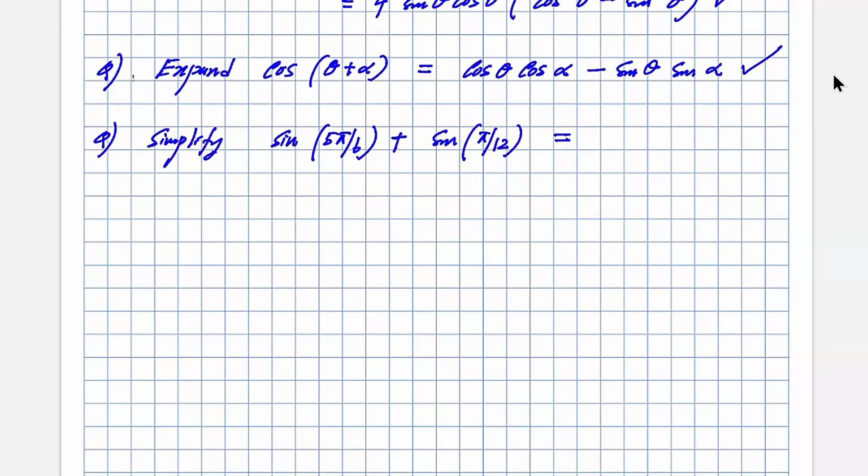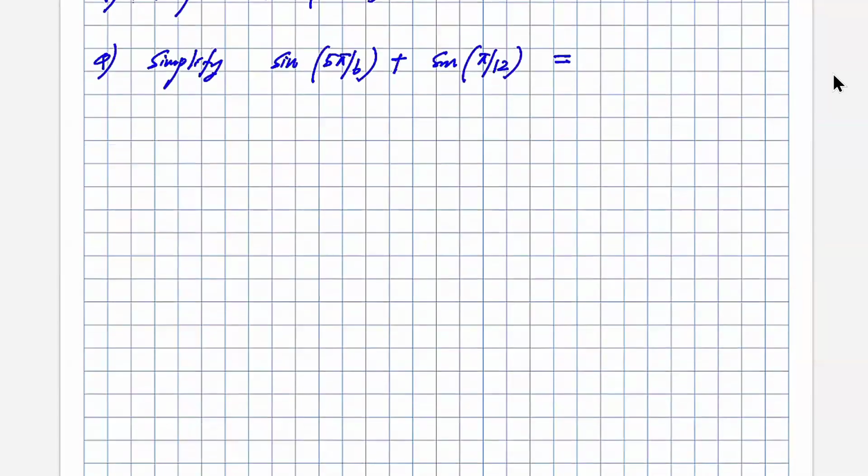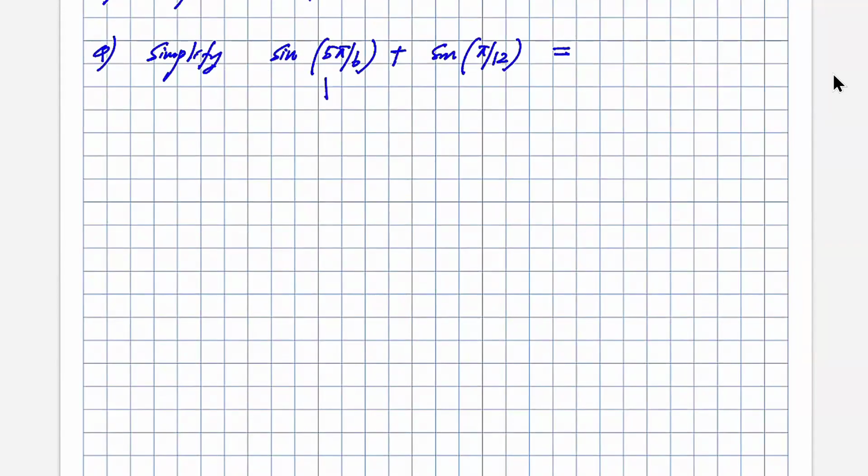Okay, so what you're saying is you did sin pi minus pi divided by 6, right? Then this one is sin pi over 3 minus pi over 4.